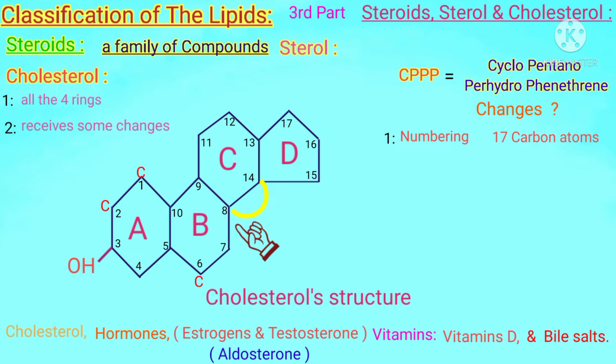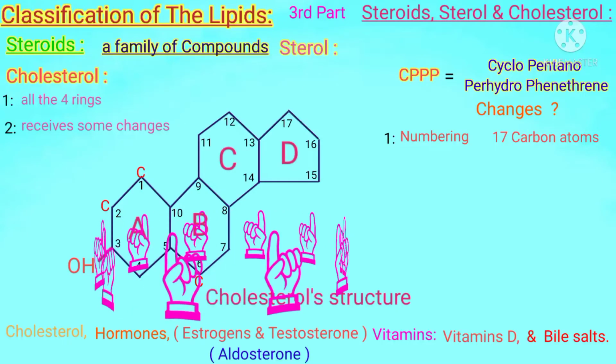So after carbon number 14, here is 15, here 16 and finally here is carbon number 17. By fulfilling the condition of first C, inverse C going upward, and then following this C in this fashion, dear students, the 17 carbons in the four fused rings of cholesterol are written.